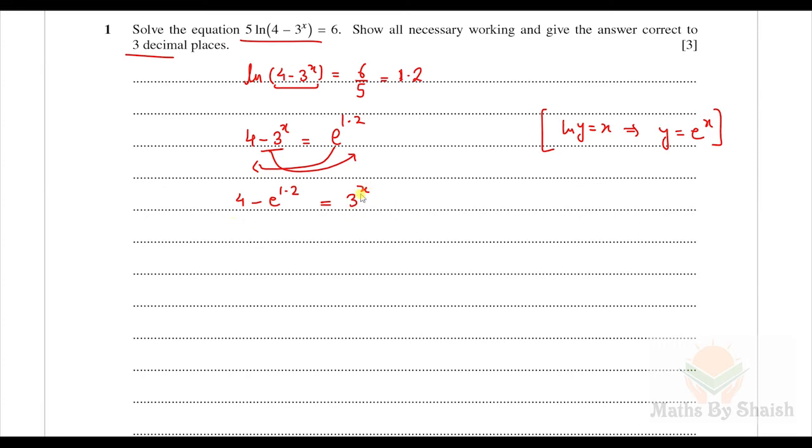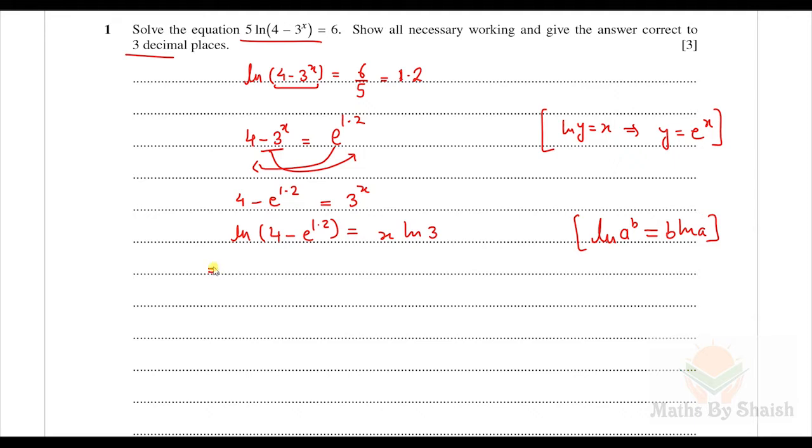Now here the base is 3, so we'll take the ln again and we'll get ln of (4 minus e^1.2) is equal to x ln 3. We have used the property ln a^b is equal to b ln a. I have taken the log on both sides, so this is the equation.